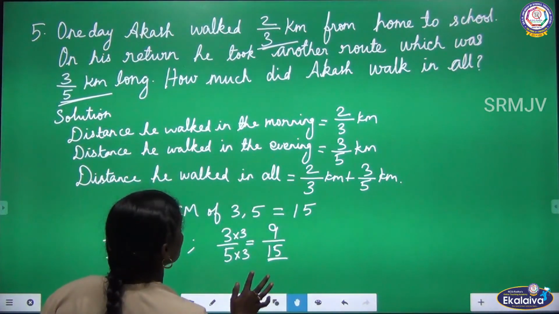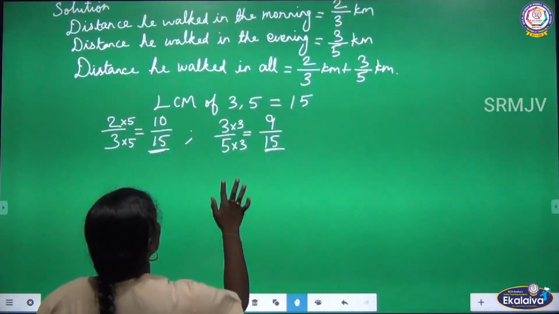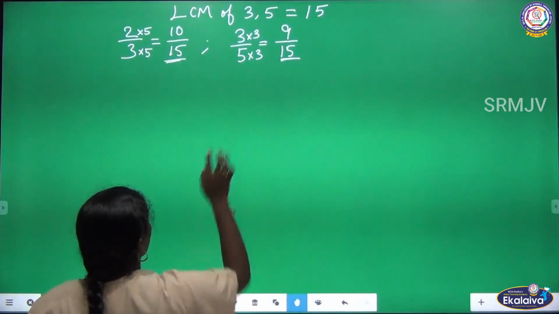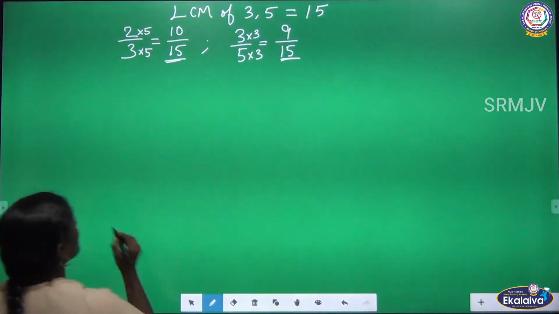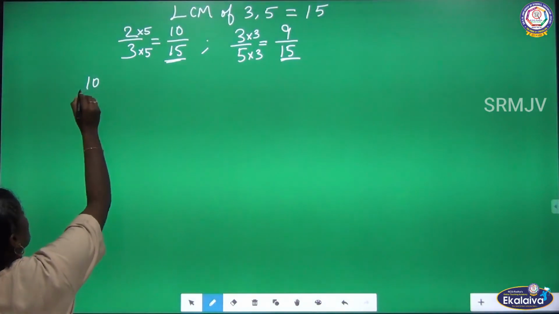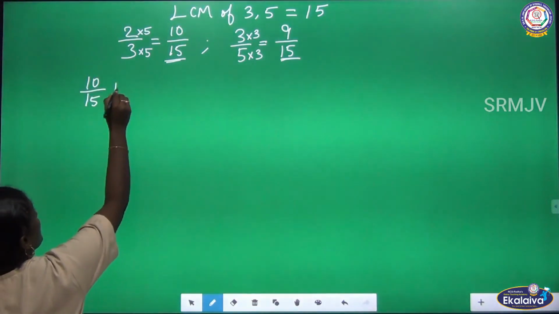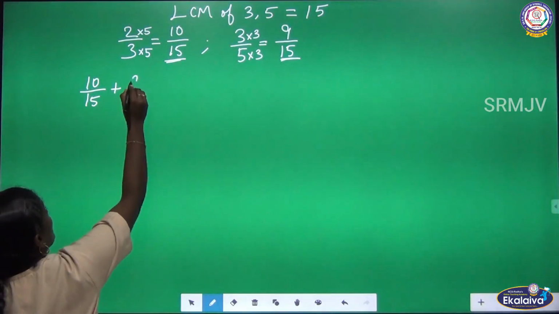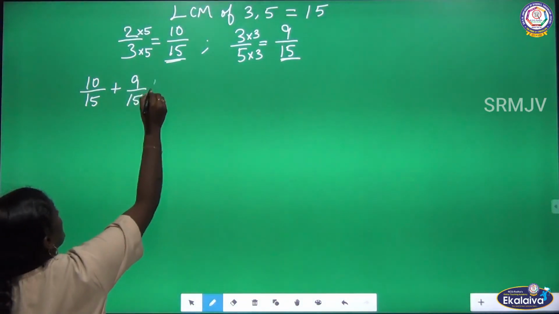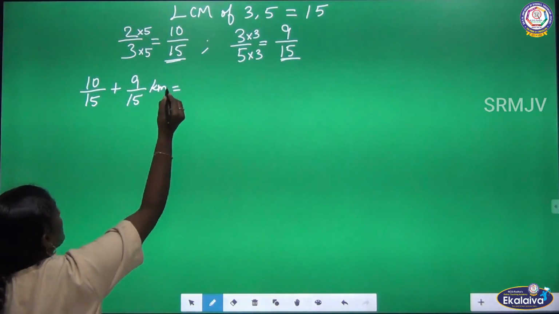Okay. So the first fraction is 10 by 15 plus the second fraction is 9 by 15 kilometer. Okay.